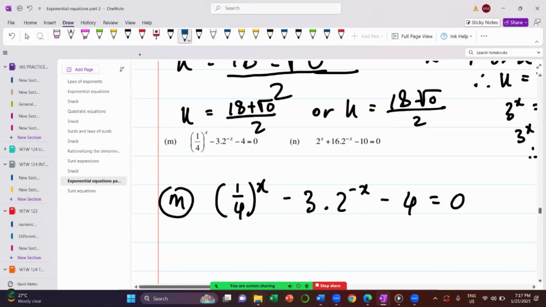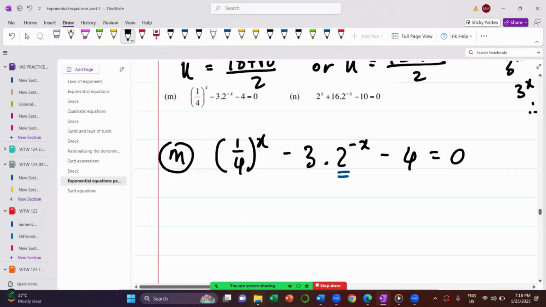Check this middle term. I have 2 to the exponent of negative x. So I must find a way to express this as a base of 2. Do you guys agree with me? Yes, sir. So I'm going to have here inside the bracket, 1 over 4 is just 2 to the exponent of negative 2. You guys agree? Yes, sir.